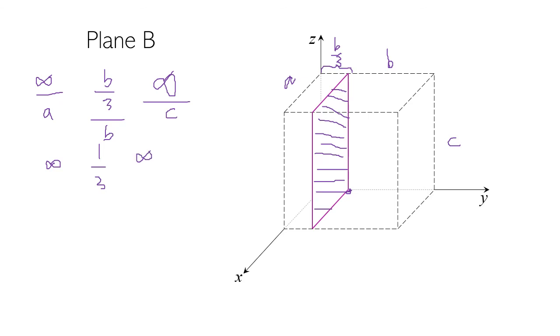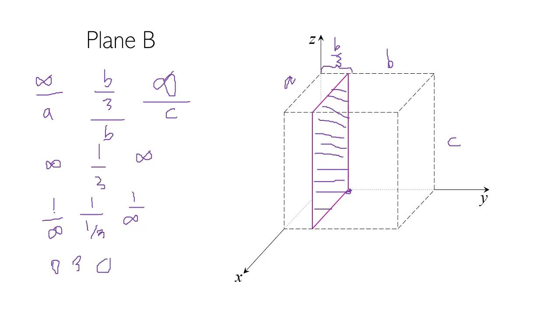The next step is reciprocal, so we take reciprocals of them. So 1 by infinity, 1 upon 3, and 1 upon infinity. So they come out to be 1 by infinity is 0, 1 upon 3 is 3, 1 upon infinity is 0, and then reduction.